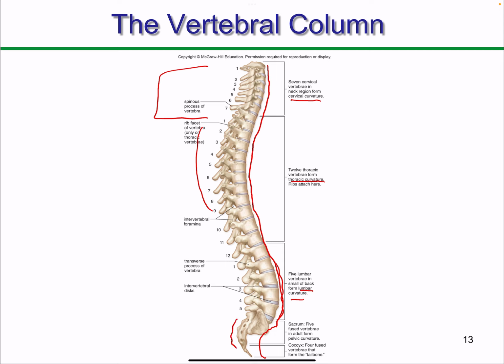Now, these curvatures are organized in such a way that you have what we call primary curvatures and secondary curvatures, right? The primary curvatures of your vertebral column, you're going to have two of them. You have as primary curvature the thoracic curvature. So this one is a primary curvature. Another primary curvature is going to be the sacral curvature.